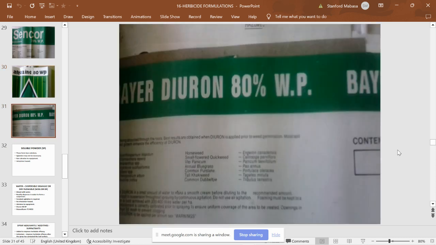Then Diuron 80% wettable powder. I must say that these are no longer common in this country. It means you have to weigh to get it when you are mixing. But for liquid formulations, you use measuring cylinders, which are easily available.